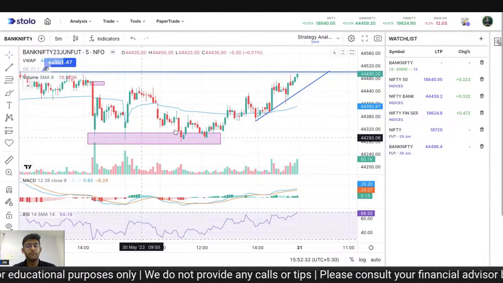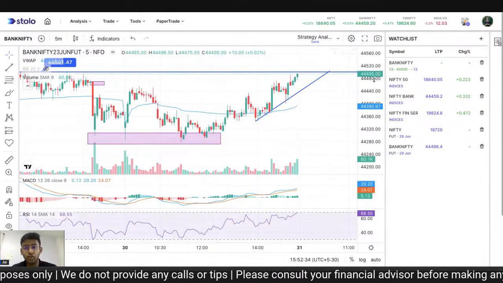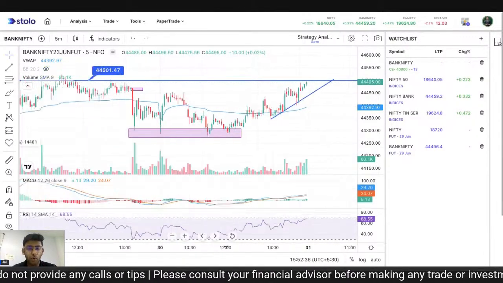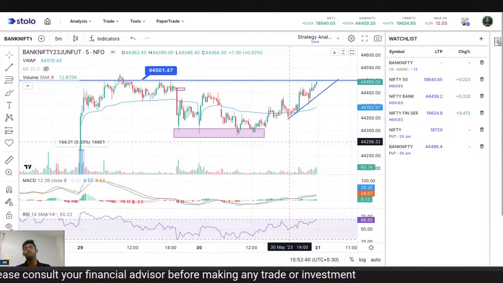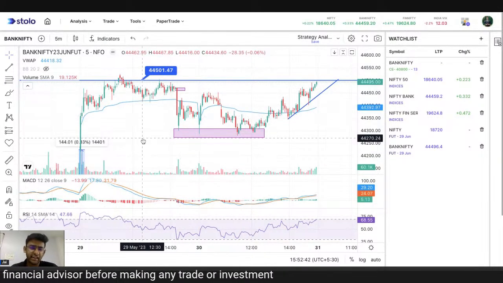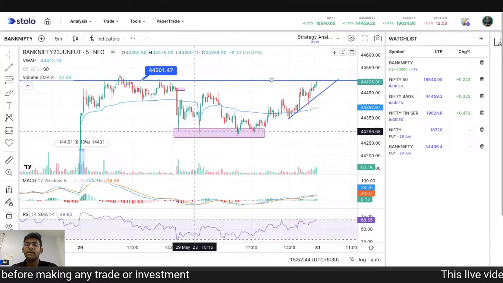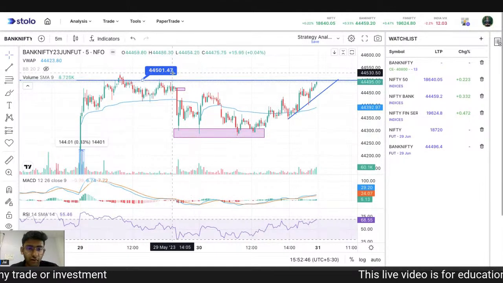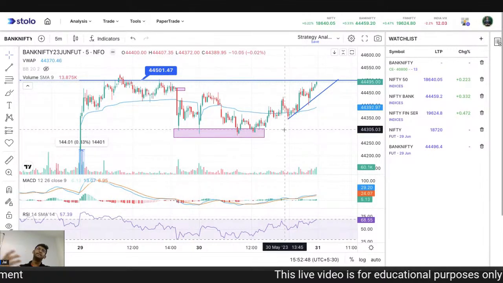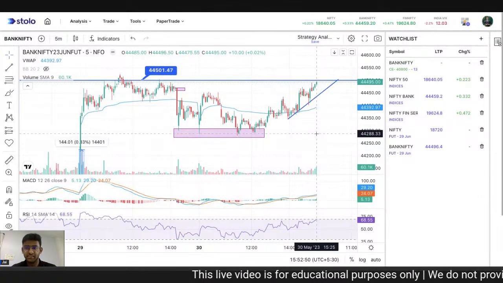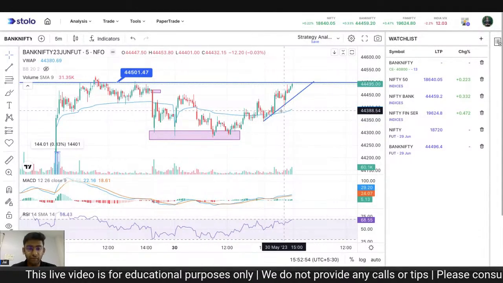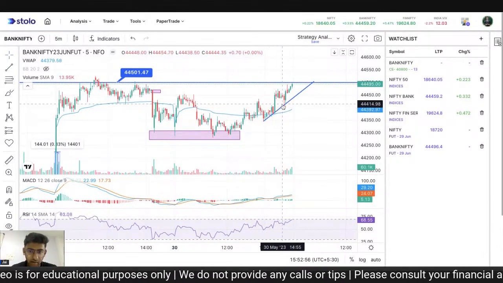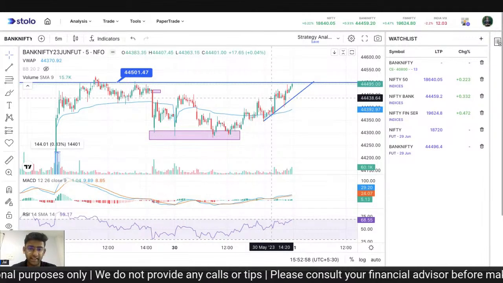If it does come back to this particular zone, you can expect some support, with it not going further down. Again, it looks like a very sideways trend. We're looking at 44,500 to be very neatly broken, which hasn't happened yet as of now. But towards the end we saw a very good bullish run, which also broke the day's high of today.